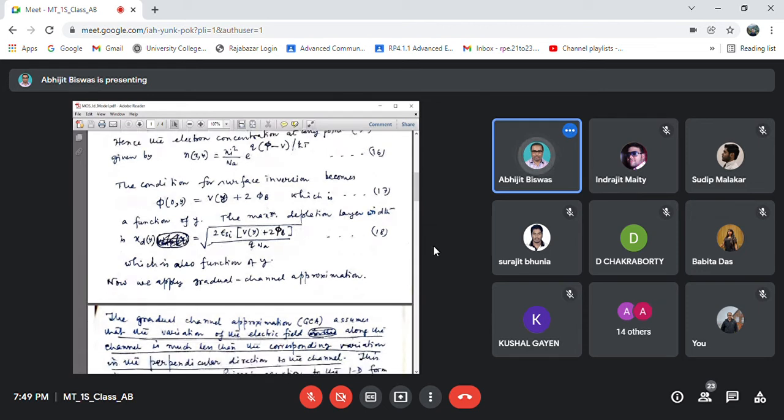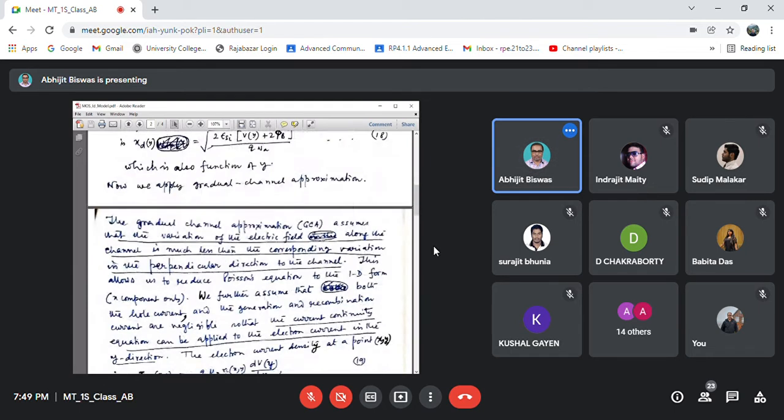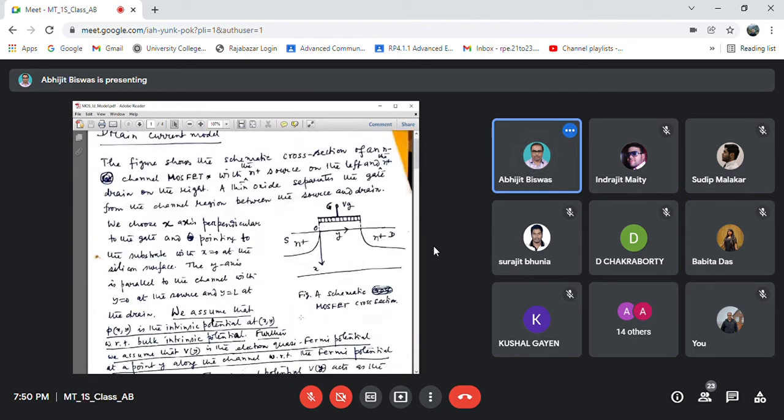So now we apply gradual channel approximation, which I already discussed. So what is that gradual channel approximation? This approximation assumes that the variation of electric field along the channel is much less than the corresponding variation in the perpendicular direction of the channel. Means in the vertical direction, the variation of electric field is much higher as compared to that along the horizontal direction.